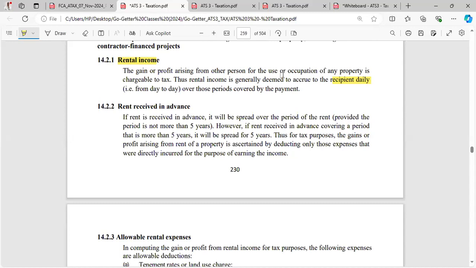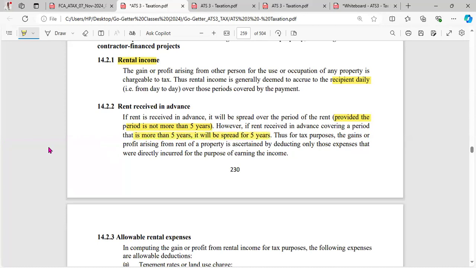Now, there is a limit, provided the period is not more than 5 years. So you shouldn't receive rent in advance for more than 5 years. If it is received for more than 5 years, the law says that it will be spread over 5 years.